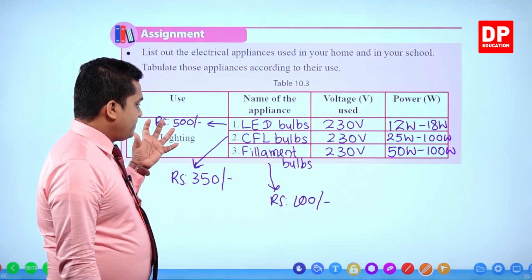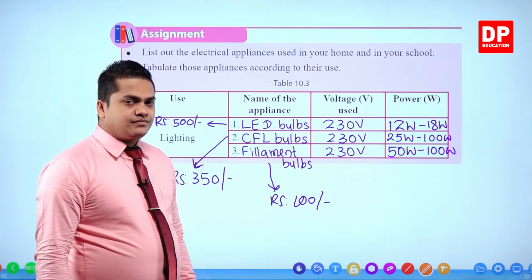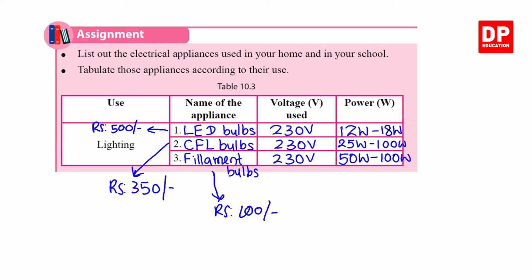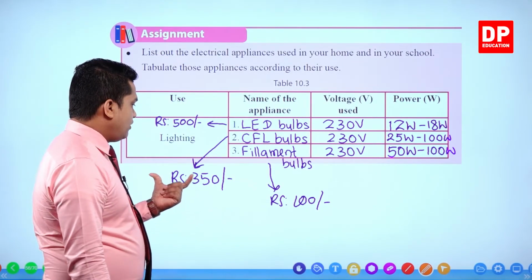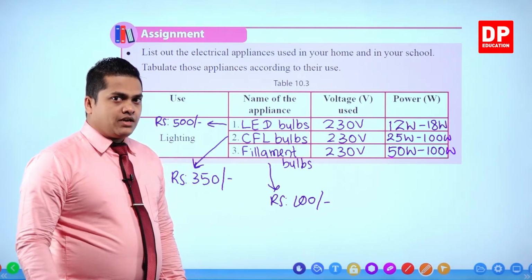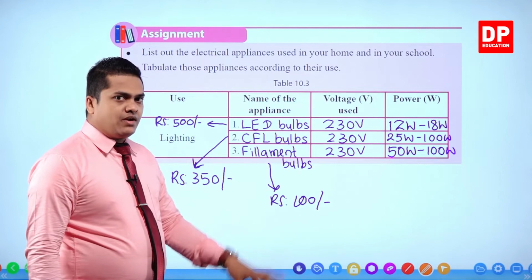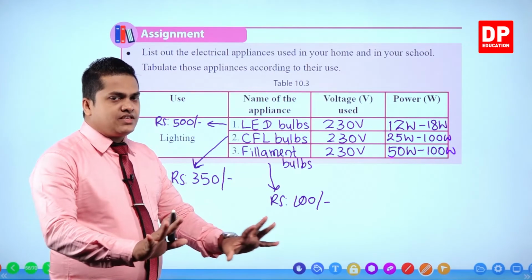You can buy like 2 CFL bulbs for the same price, but you can buy only 1 LED. There's a small bit of a change, but for the price of 2 CFL bulbs, you can buy only 1 LED bulb. But you can buy 7 filament bulbs. So the initial cost is very low.